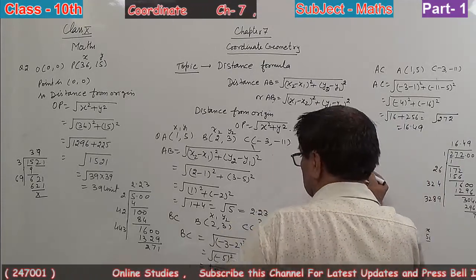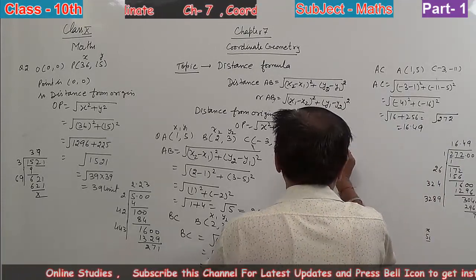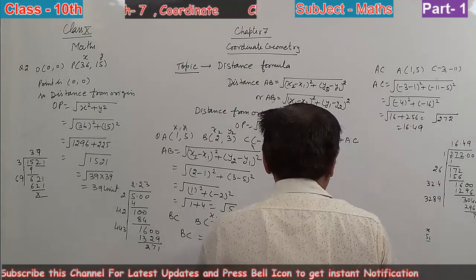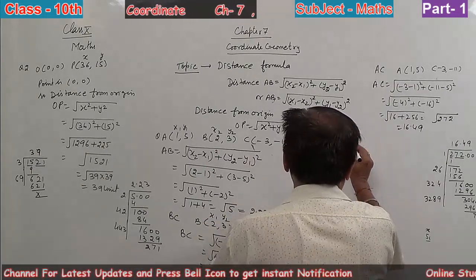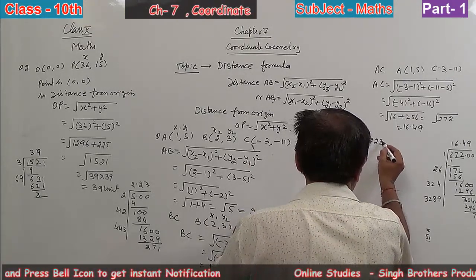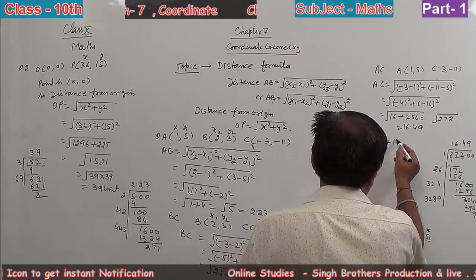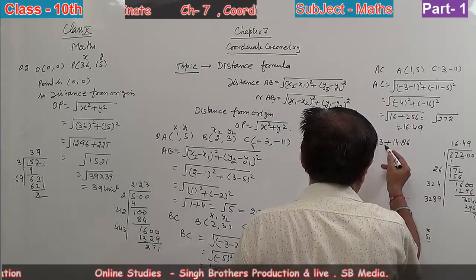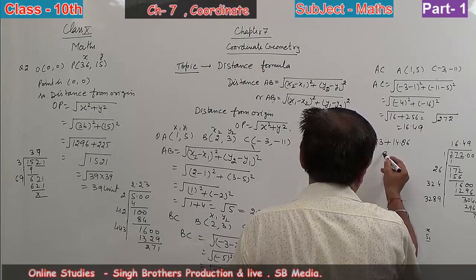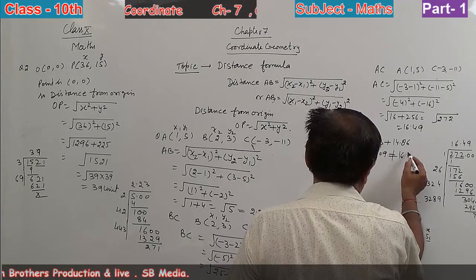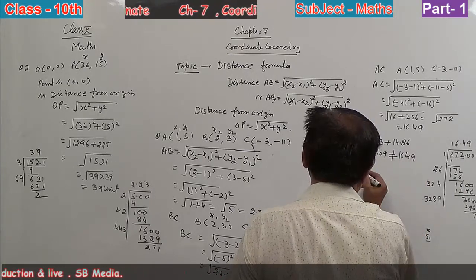So AB plus BC, that is 2.23 plus 14.86, which is not equal to 16.49.